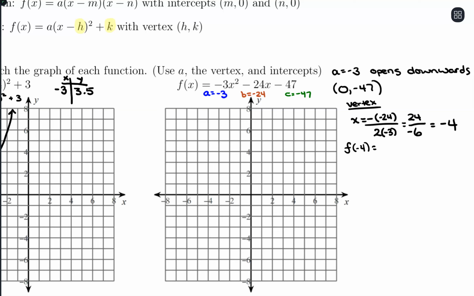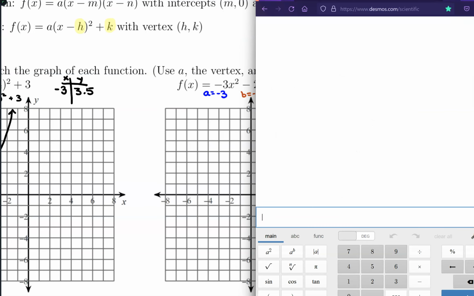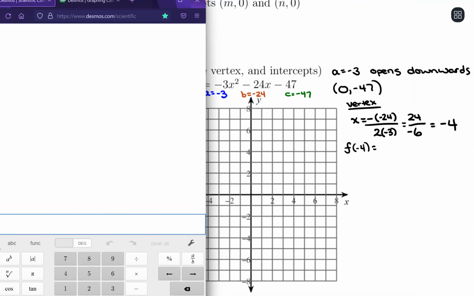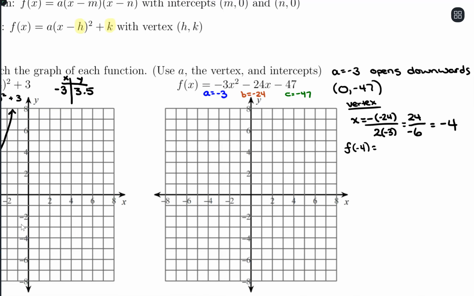Let's use the calculator for plugging -4 into our quadratic: -3 times (-4) squared, minus 24 times -4, and then minus 47, which is +1. So we have the vertex (-4, 1).